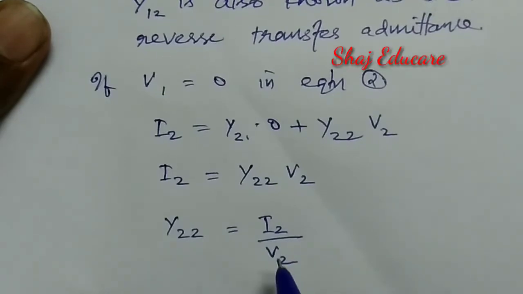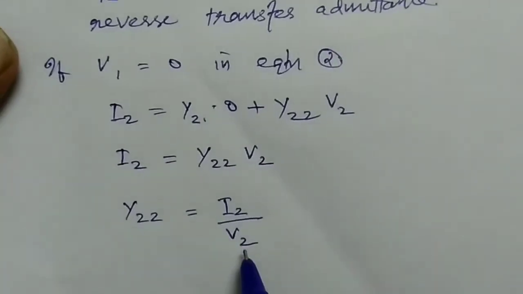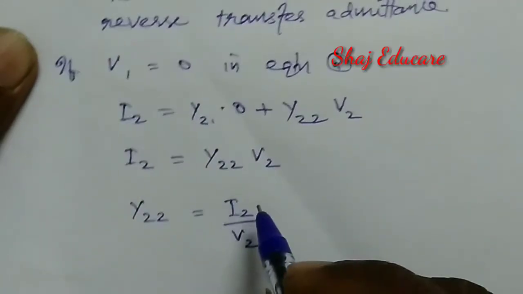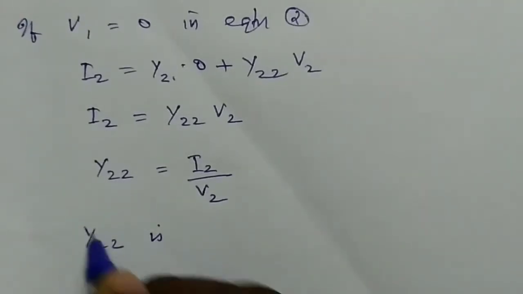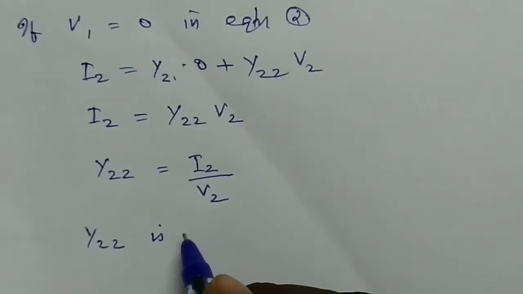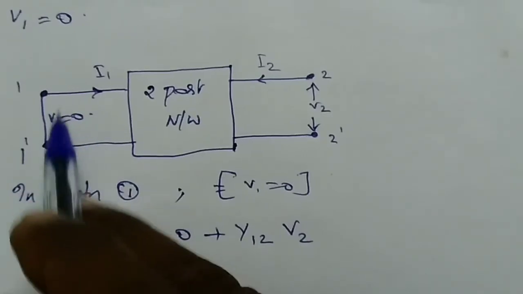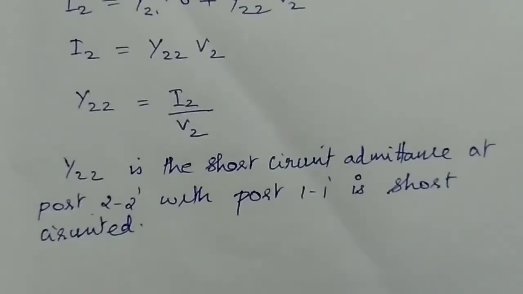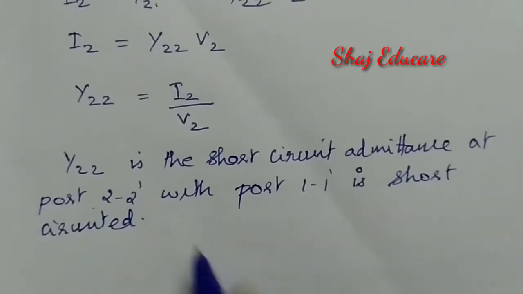Then what about these voltages and currents? I2 belongs to the output port 2 dash, and V2 also belongs to the same port 2 dash. Both I2 and V2 belong to the same port, that is the output port. And we say that y22 is the short circuit driving point admittance at port 2 dash with port 1 dash short circuited.